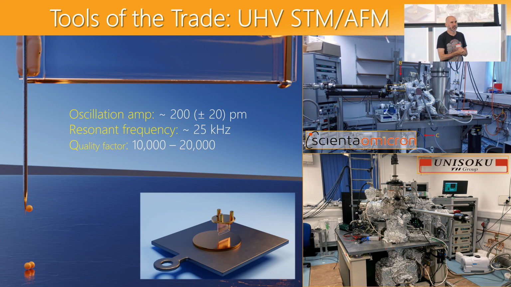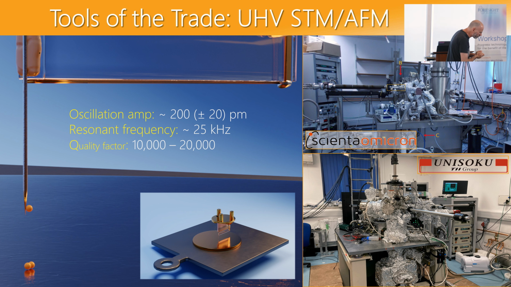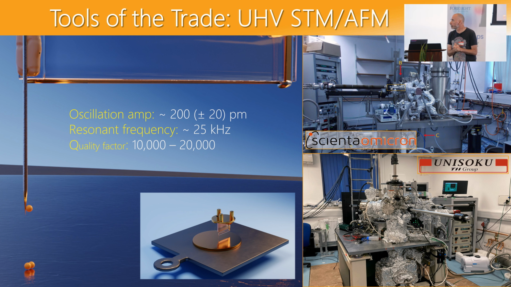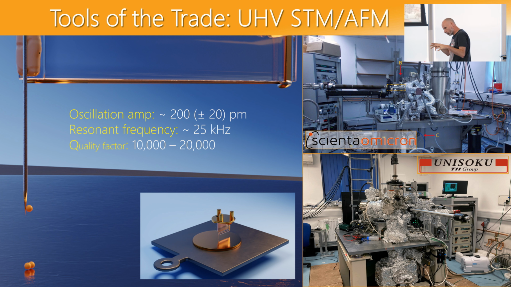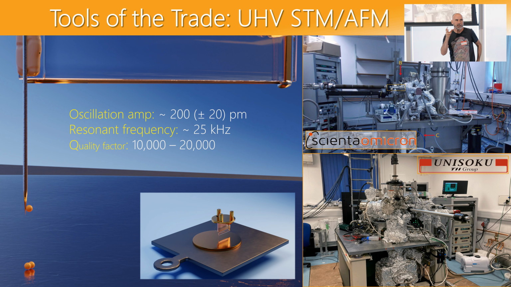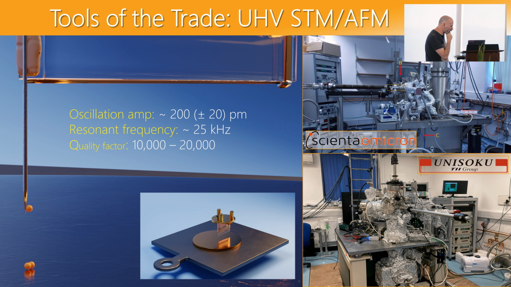We also do a technique called Q plus AFM, introduced by a guy called Franz Giessibl, about 20 years ago now, I guess. And that allows you to do not just atomic resolution, but get down to submolecular resolution. It's the highest resolution scanning probe microscope technique we have.